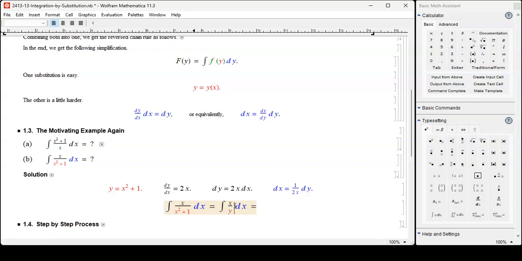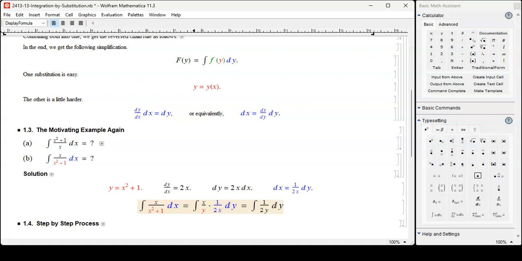And instead of this dx, that's what you're going to multiply. It should be blue. Now, did you get a simple integral? Apparently, this x and that x cancel each other out. And then we get 1 over 2y dy, or if you will, 1 over 2 times 1 over y.